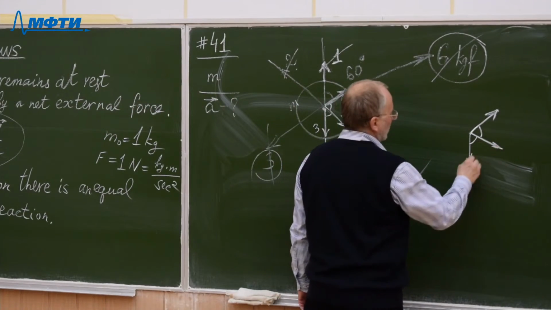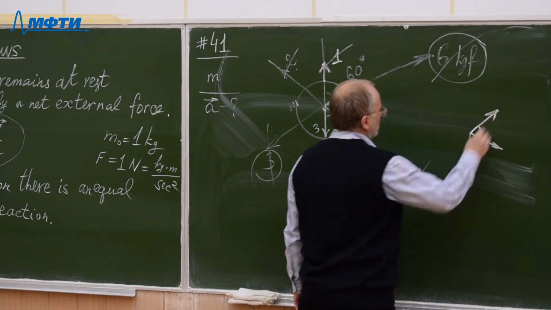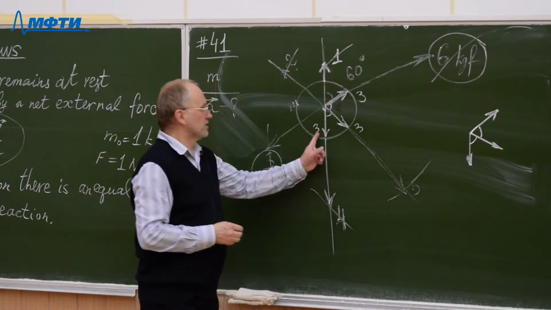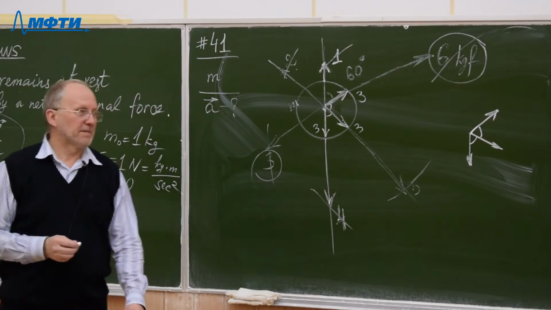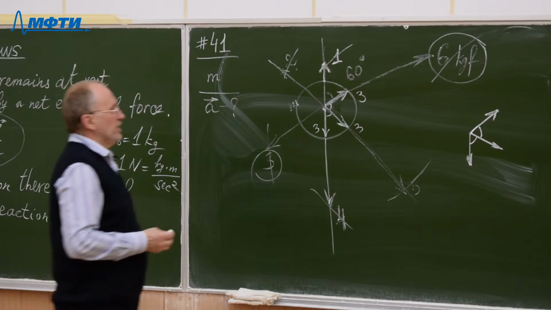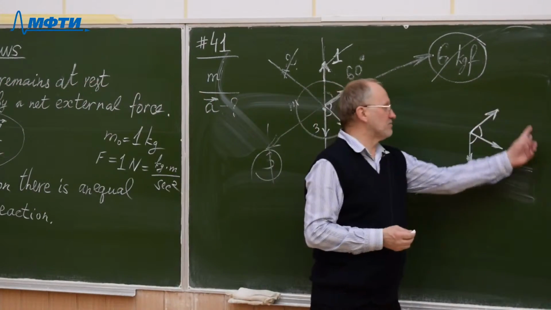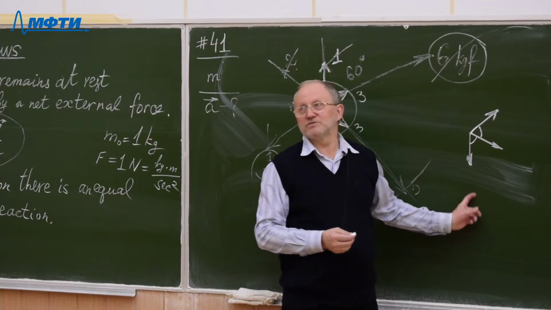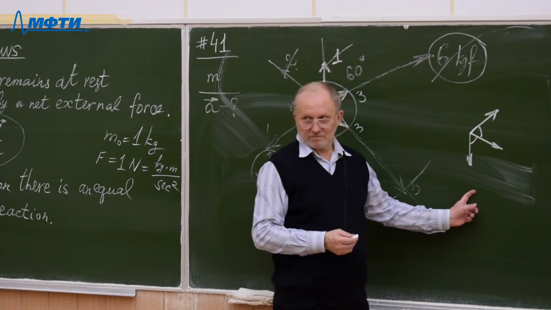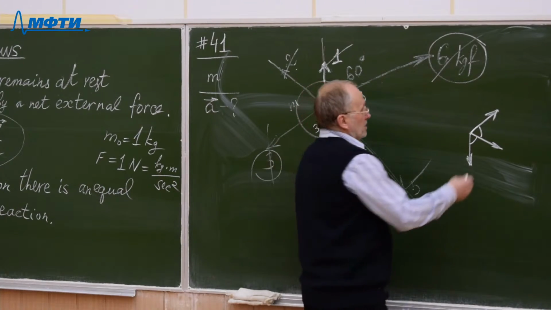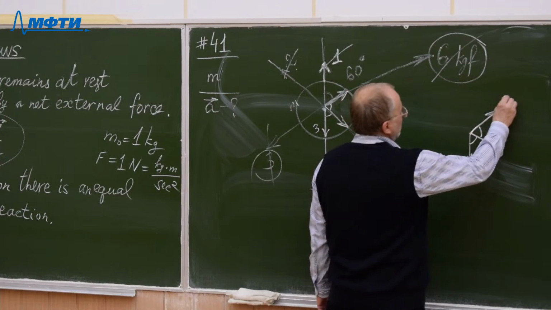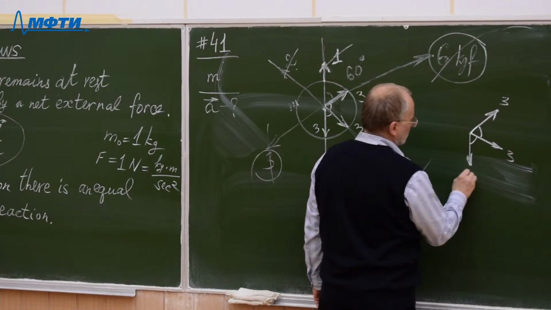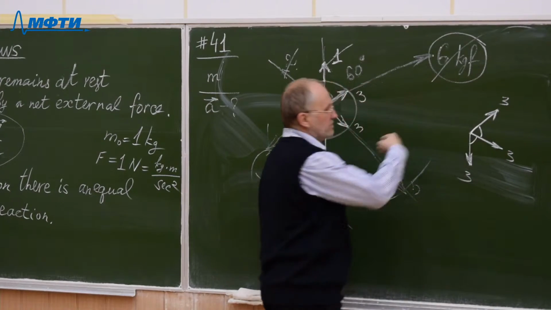And each vector in magnitude equals 3 kilogram forces. We have to find the vector sum of these 3 vectors. How can we do it? All the vectors are of the same magnitude, but different direction.